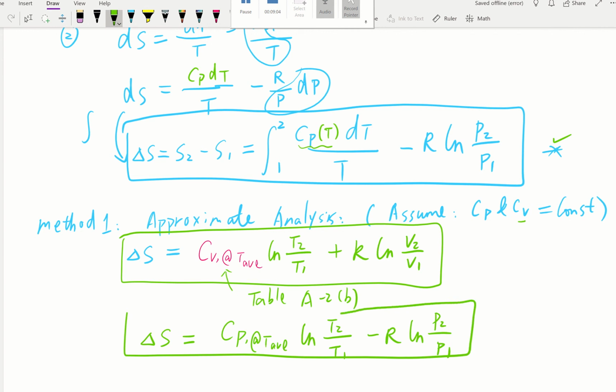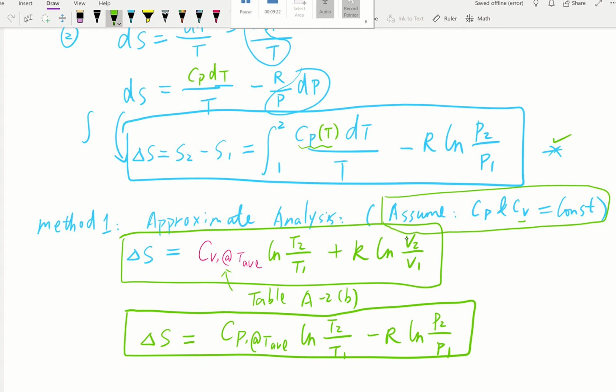Now we have another formula to solve entropy change for ideal gas, and the assumption we use for this one is that the specific heat is constant.